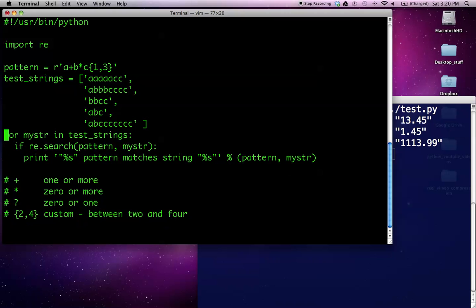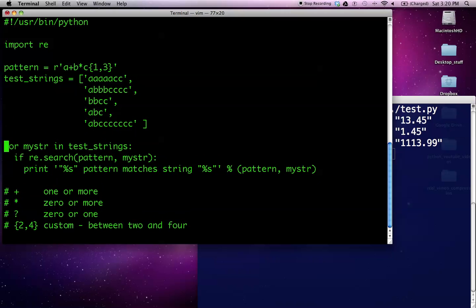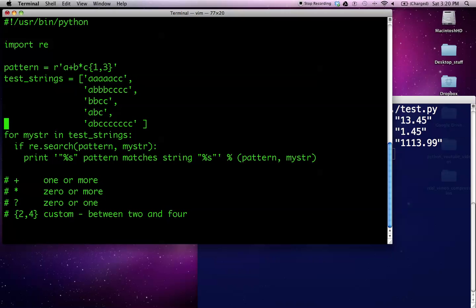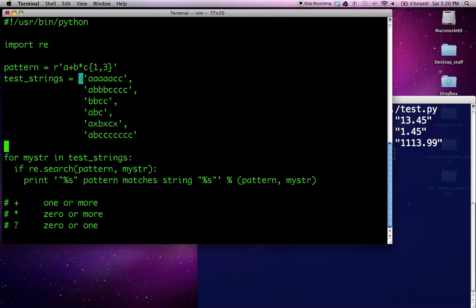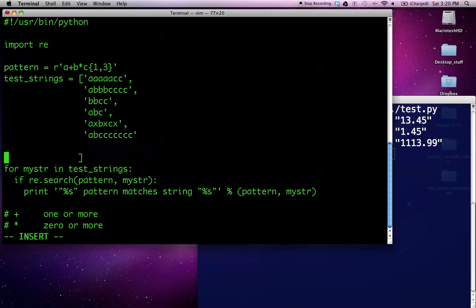Okay, now remember again, and I'll throw one other one in there. Let's do another one. Can't get enough of these. It's like a drug. Let's do A, C, B.